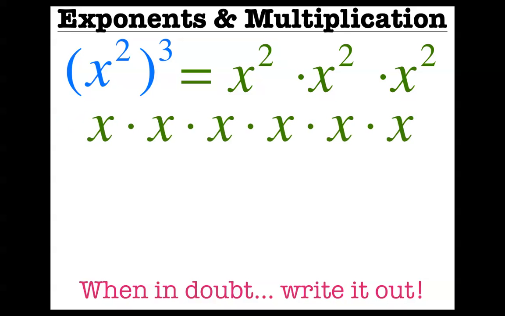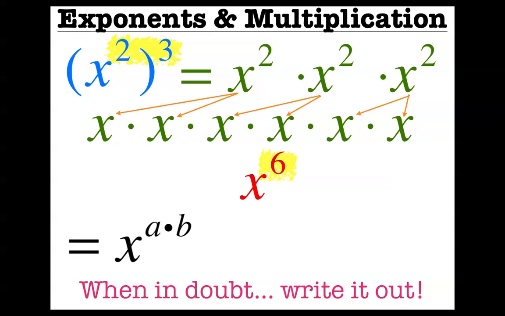And then each one of those is x times x, so that's x times x times x times x times x times x. And how many x's do you have right there? You have x to the 6th power because it's 6 x's. And what do you notice about the 2 and the 3 and the 6? You're not going to add the 2 plus the 3. You're going to multiply them together to give you the 6.